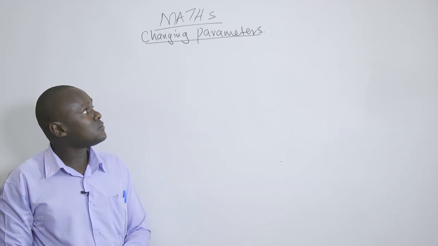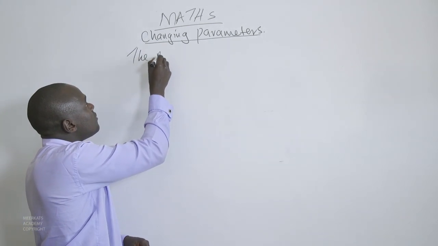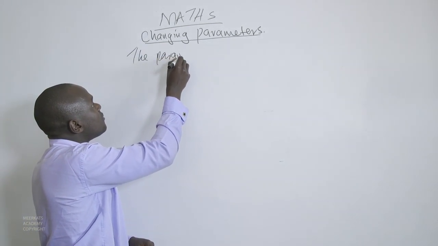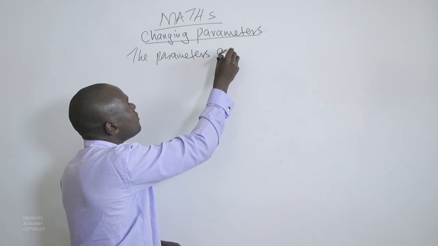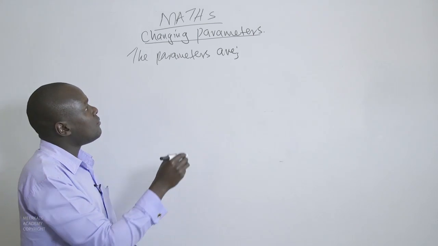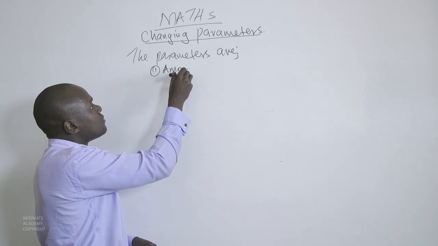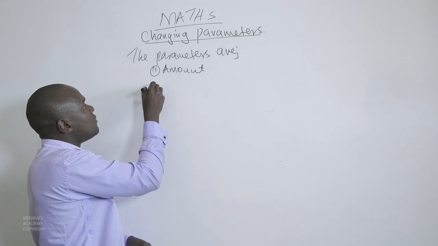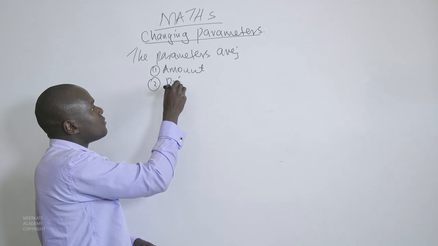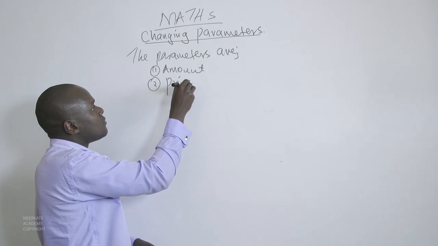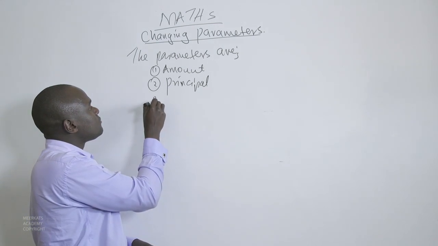The parameters that we are talking about are the amount. The second parameter is the principal, that is the principal amount.